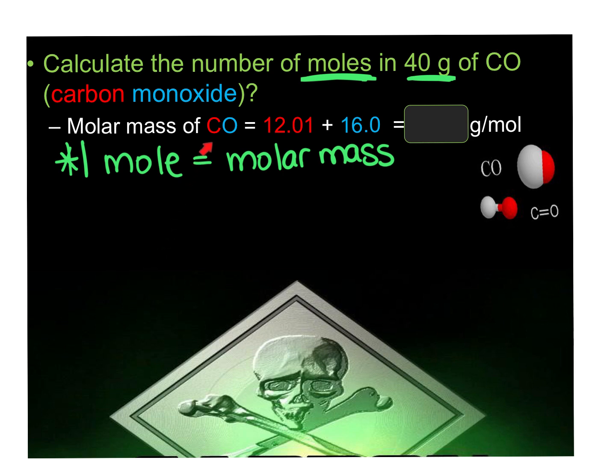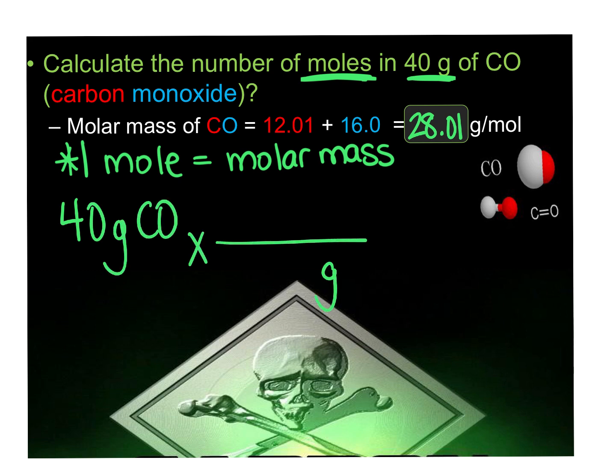So we have 1 atom of carbon with a mass of 12.01. We have 1 atom of oxygen with a mass of 16. So the molar mass, the mass of 1 mole of carbon monoxide, is going to be 28.01 grams.